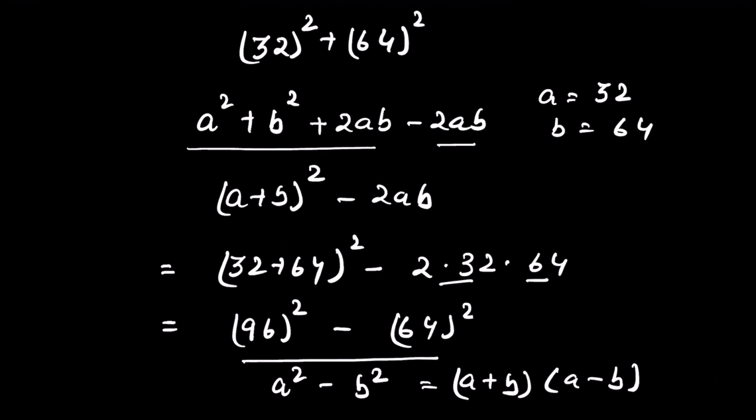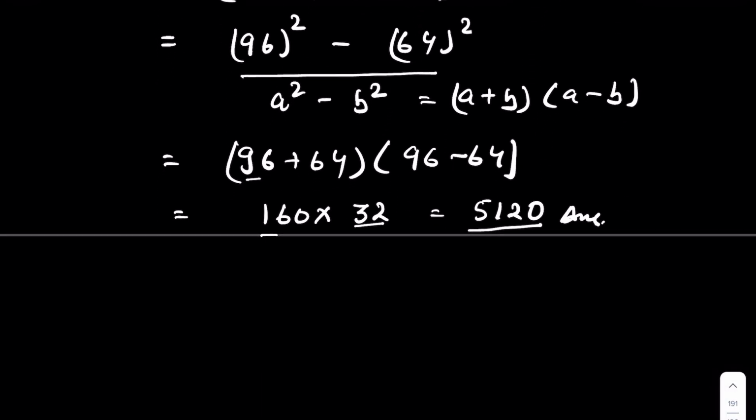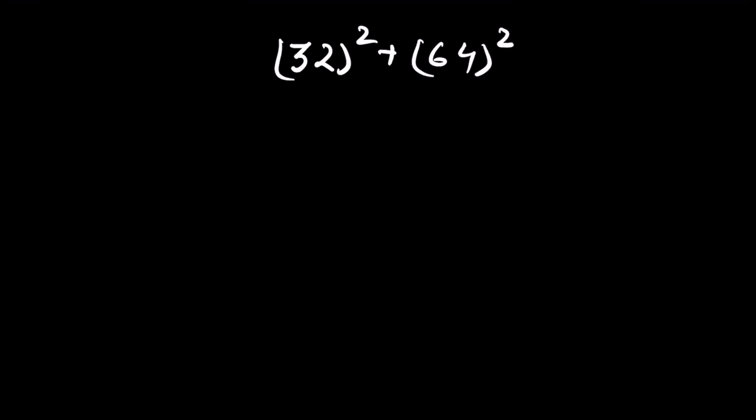Now there is one more method. If you know the trick to find the squares of numbers, I have already made a video on this. You have 32 square plus 64 square. So we can find the square of any two digit number in just a few seconds. If you have to find the square of 32, then we write the square of 2, so it is 04.